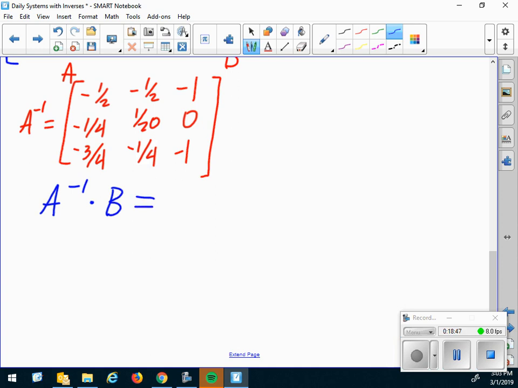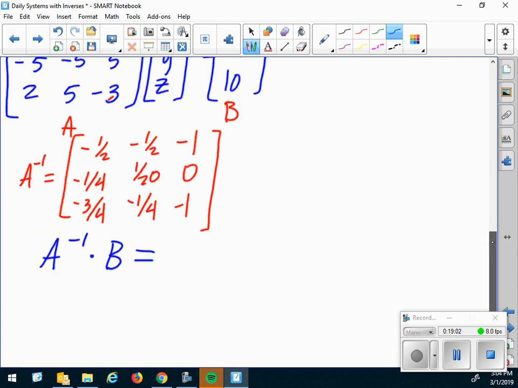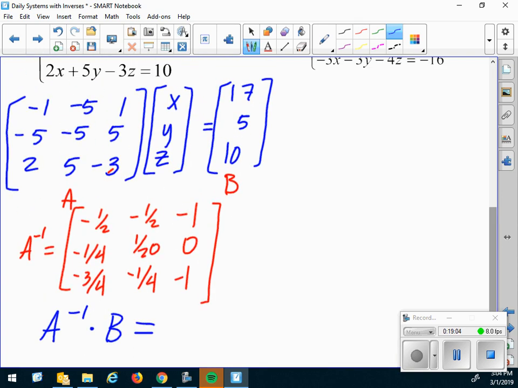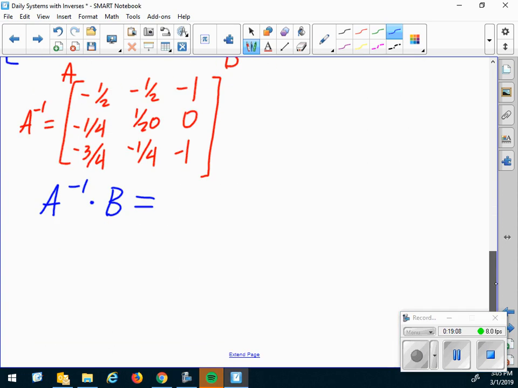Now, here's the deal. That means you've got to put matrix B in your calculator, right? So go into matrix B. Don't overwrite matrix A. Go in and make a new matrix, matrix B, and put the 17, 5, 10 in. Do you all have your matrix B typed in?